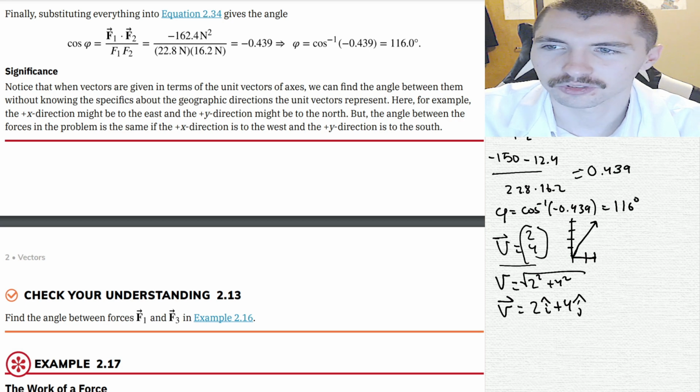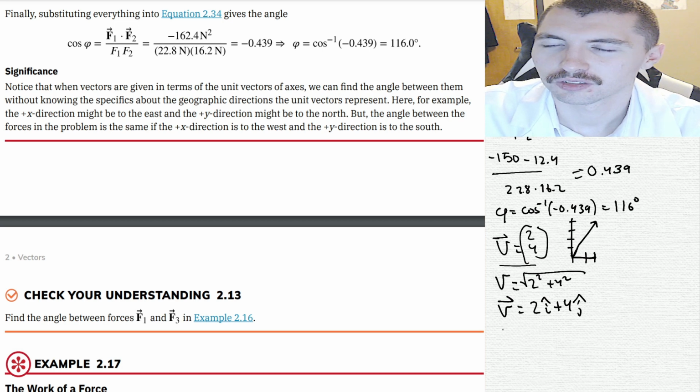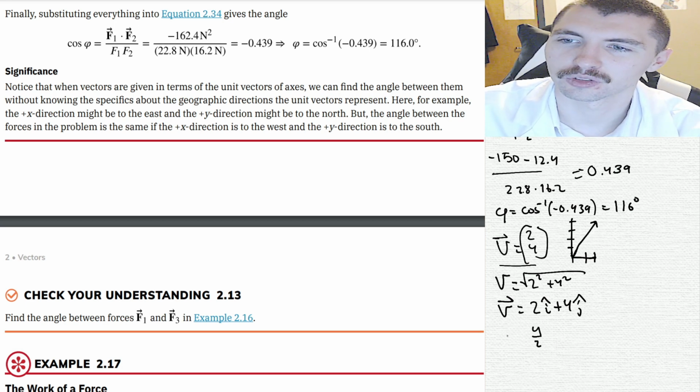Now what's the direction in degrees? That would be inverse tangent of 4 over 2.